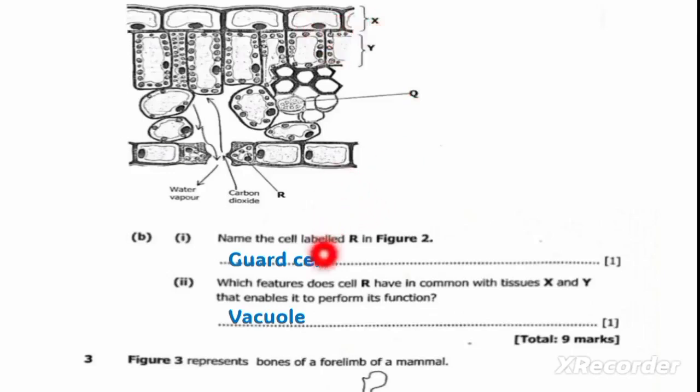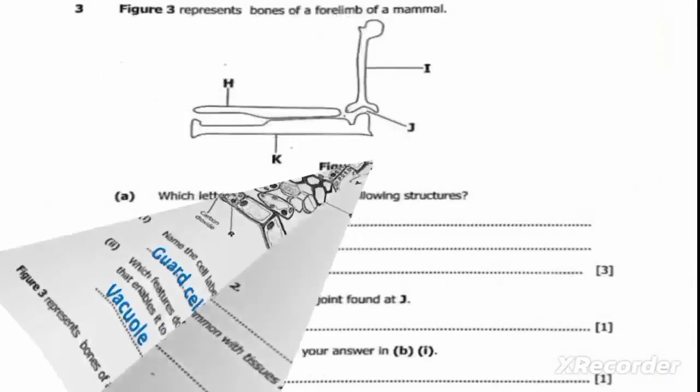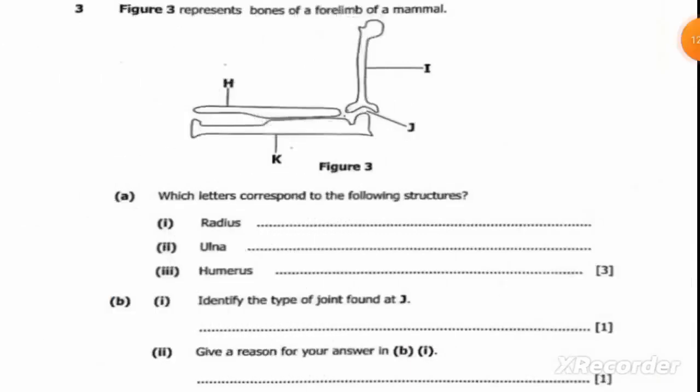So vacuole is the feature that is common in these three cells. We now shift to the next question, which is question 3. Question 3, the question reads, Figure 3 represents bones of a forelimb of a mammal.